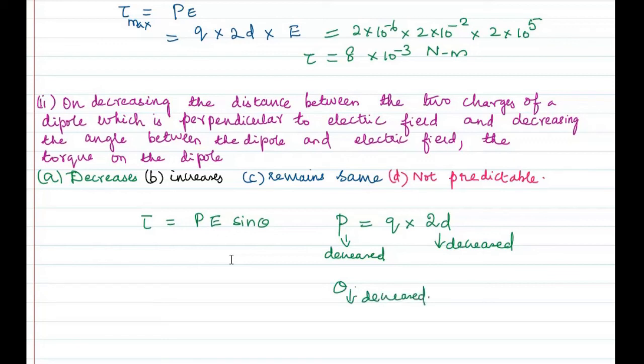Therefore the torque also gets decreased. So the option is A. When you decrease the length between the two charges as well as the inclined angle between the dipole and the electric field, then we get the torque tau decreased.